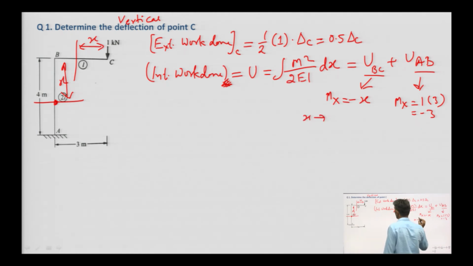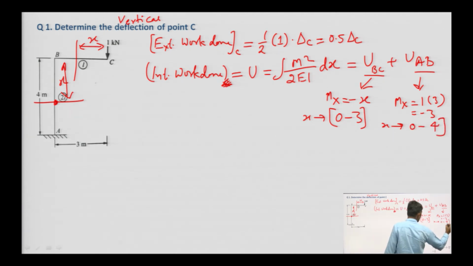The limit of x for segment BC is from 0 to 3, and for AB the limit of x is 0 to 4. So, these are the values of Mx and limits.